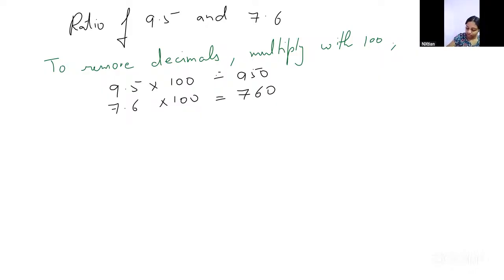Okay. So next step is divide both by a common factor.